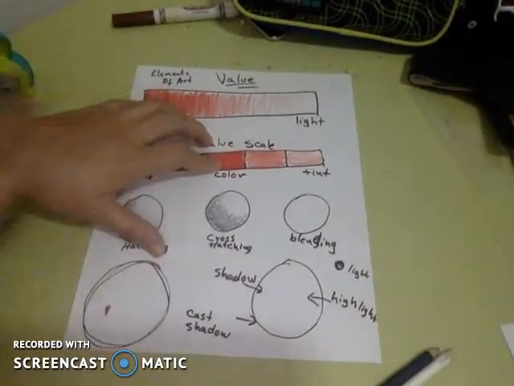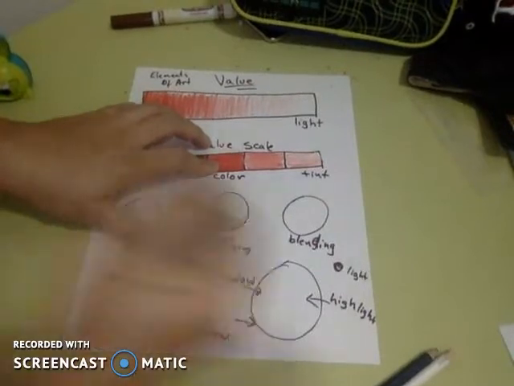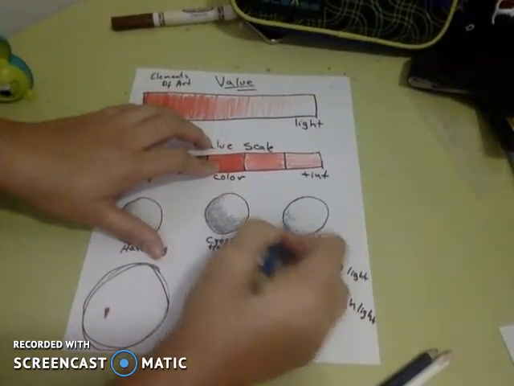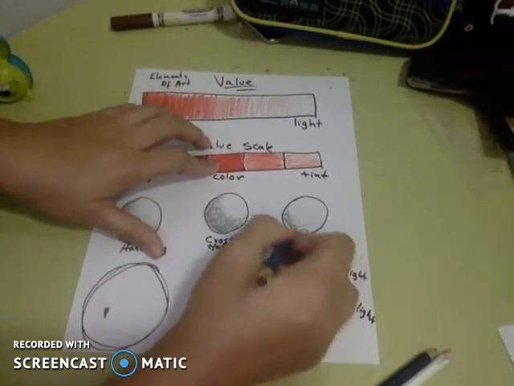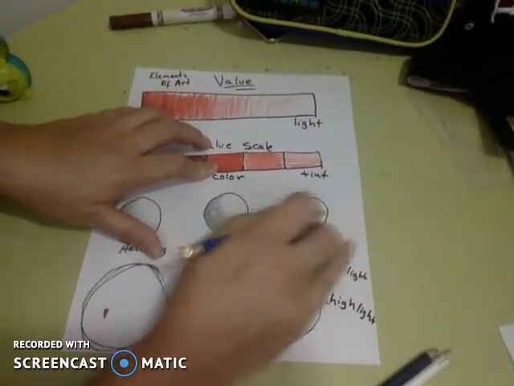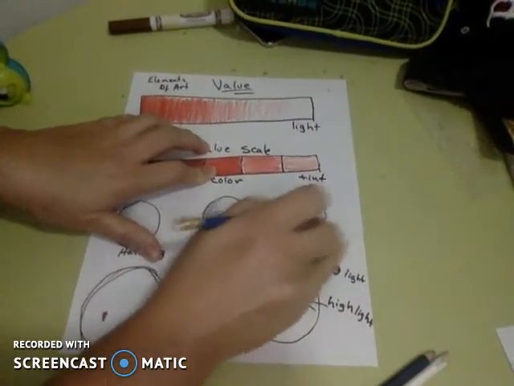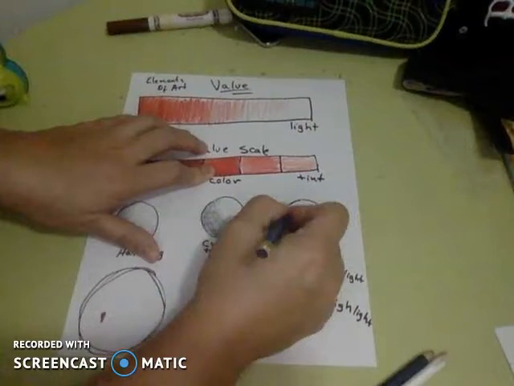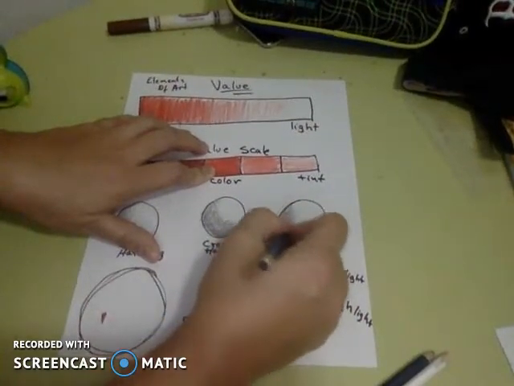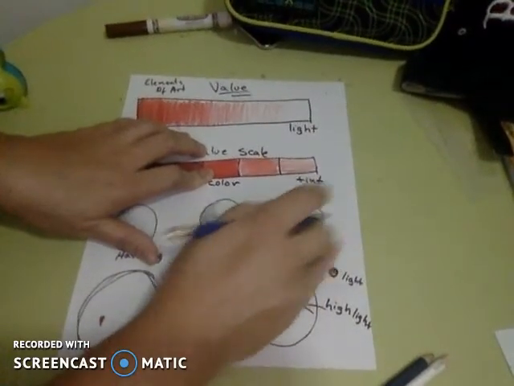And here we have blending, or what I call smudging, which is my favorite way to create value. So what I do, I scribble, and then with my finger, I smudge or blend. I love scribbling and then smudging. When I do drawings, I love smudging or blending.